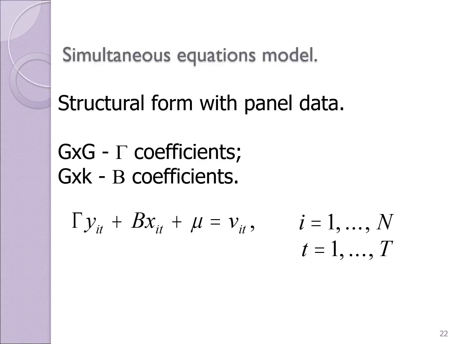The structural form would now have a matrix of capital gamma coefficients, of size capital G times capital G. These coefficients belong to variables that are endogenous. So those are the coefficients of endogenous variables on the right-hand side that are affecting the variable of interest in one equation.